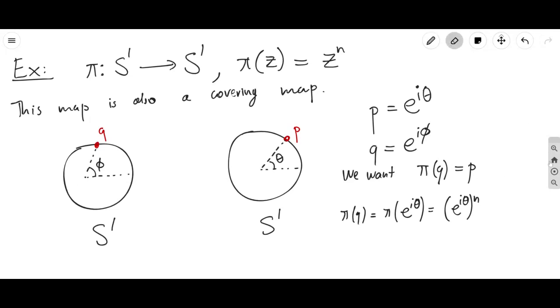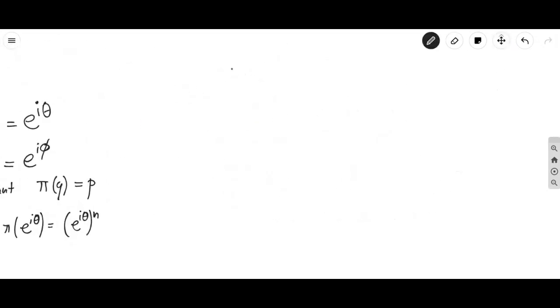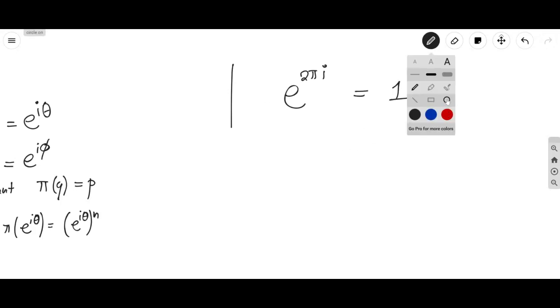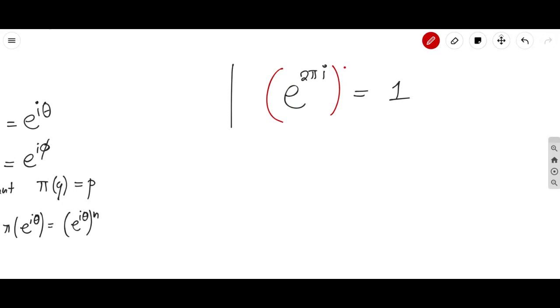Now you have to be a little bit careful here. If you raise a complex number to a real number, it is not necessarily true that you can multiply the exponent in. Let me show you what I mean. e to the 2 pi i is equal to 1. So you can say, oh, I can raise both sides to the power pi, and you end up with e to the 2 pi squared i equal to 1.